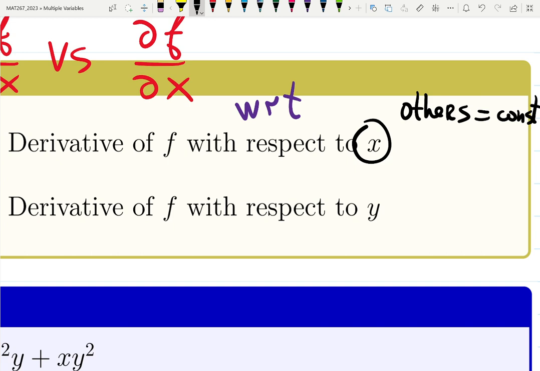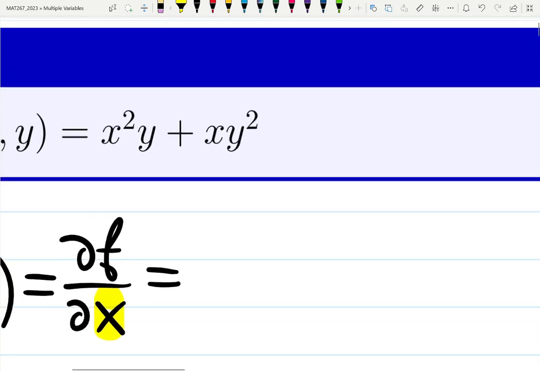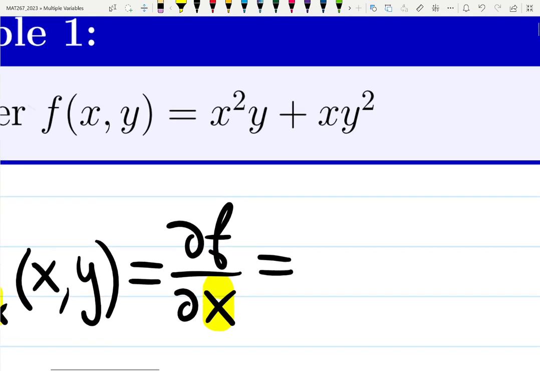So your brain has to imagine, if I'm differentiating with respect to x, that everything else is constant. Y, z, t, m, all of those are constants. And that's pretty cool. Brain will refuse it a couple of times and then actually will enjoy it. Because it's like a puzzle and your brain has to concentrate and see what is important right now and what is not important. So let's see this function.